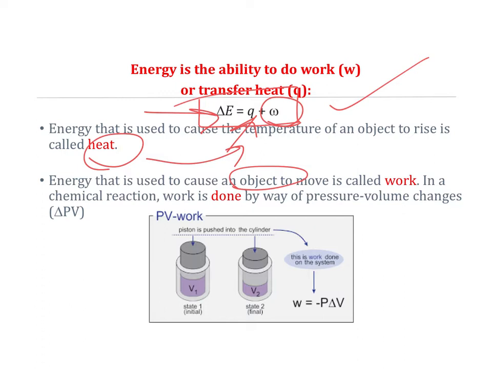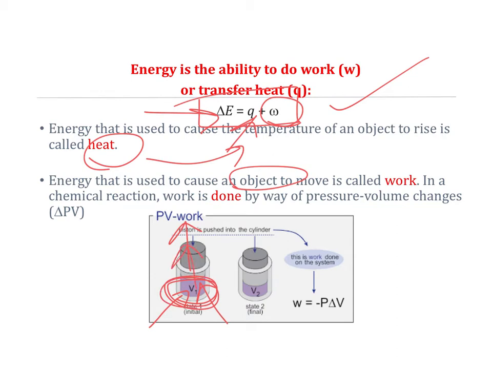It's primarily when there are gases involved in the chemical system, and a gas, if it does work on the surroundings, for example, can push, like cause a piston to move out, okay? So this is an example of the system doing work on the surroundings.